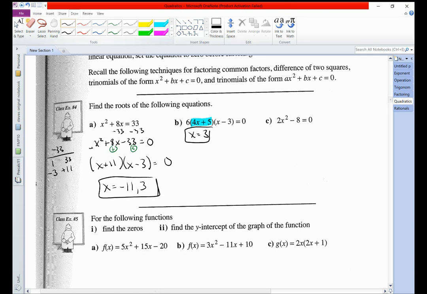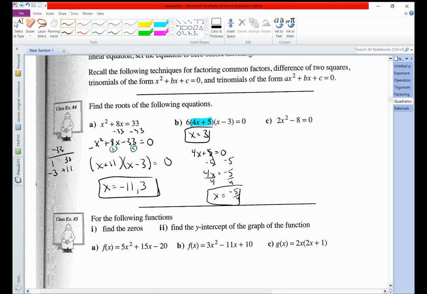Normally we would say 4x plus 5 is equal to 0. Then we do the algebra: subtract 5, we're left with 4x is equal to -5, and then divide by 4, and x is -5 over 4.